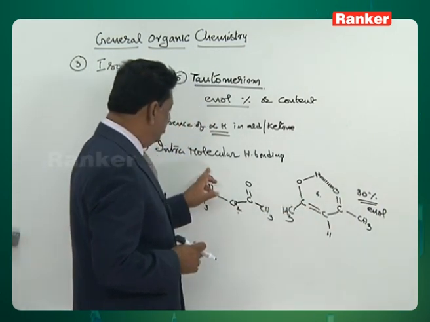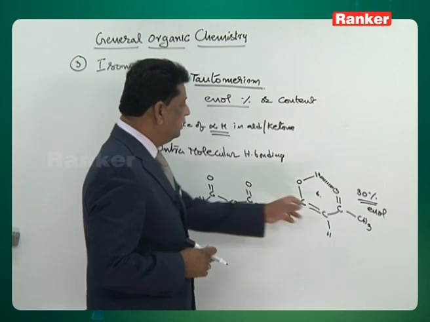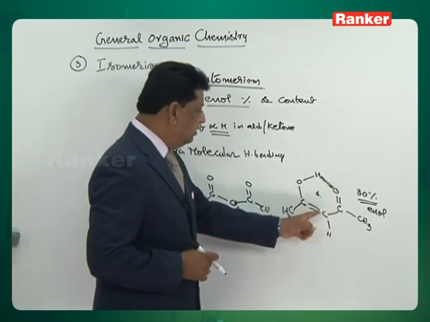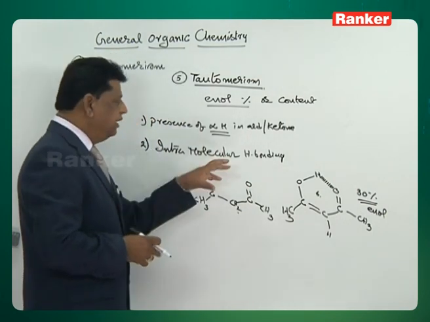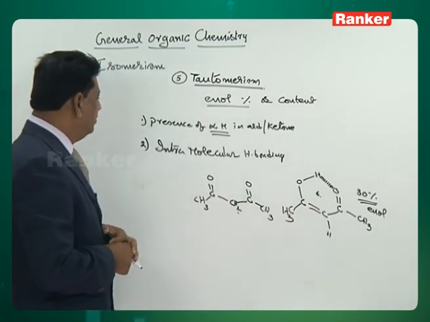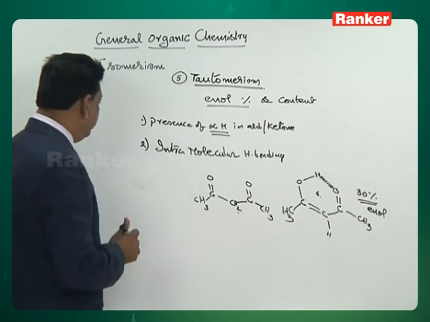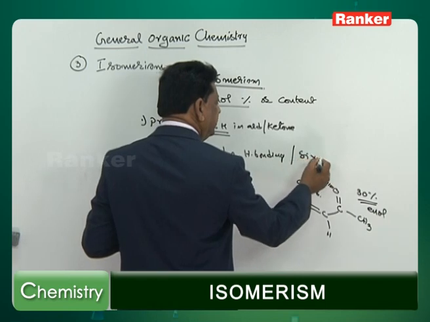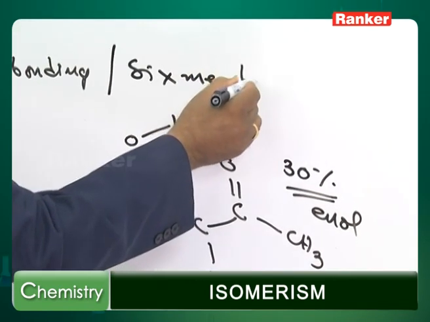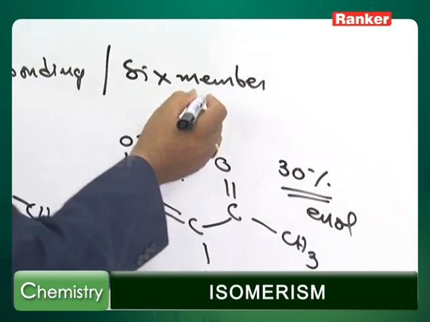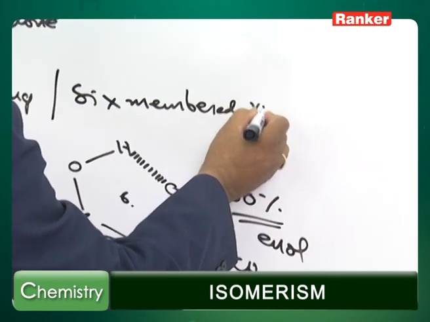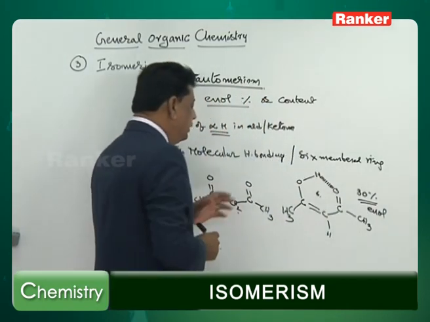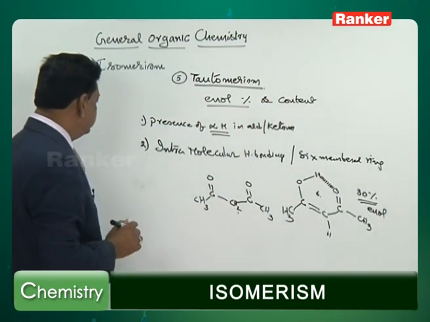If this double bond goes, it will become a double bond here, there is another double bond, there is no conjugation. Here we have conjugation in the system. So like that we have some plus points for this particular one. So intramolecular hydrogen bonding with the 6-membered ring is in addition. The rings with 6 members are always advisable, and there is no strain on the bond angles.